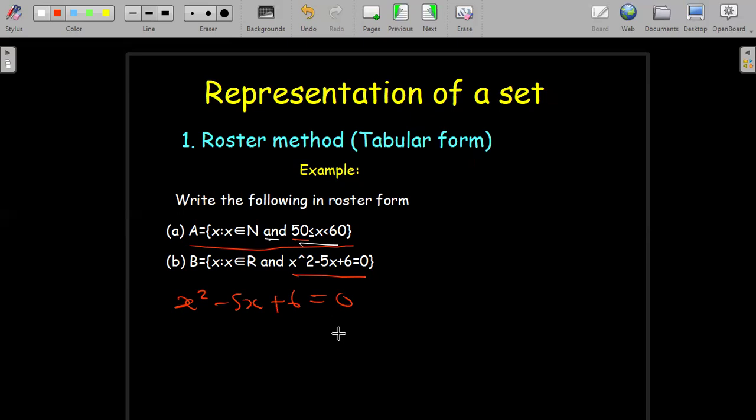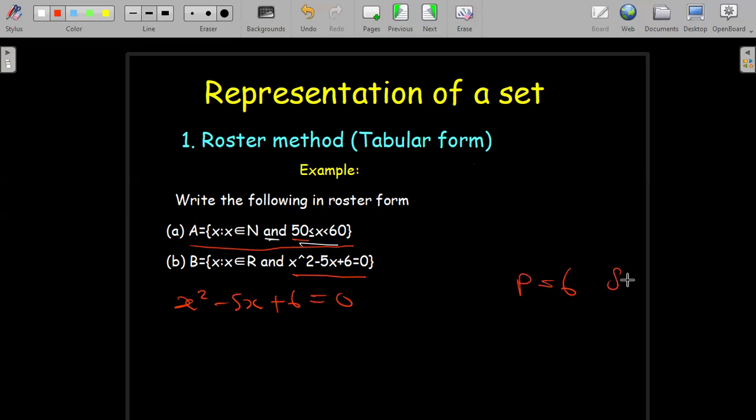This is a quadratic equation, meaning you can find the values of x. Let us first use the product factor rule. The product is a times c, and our a is 1 and c is 6, so the product is 6.